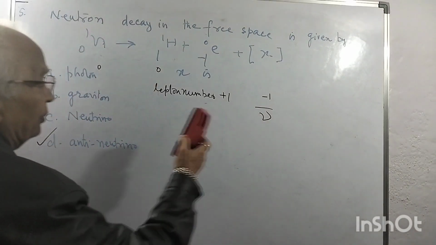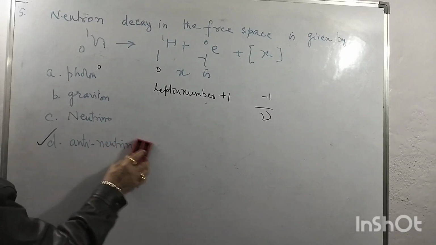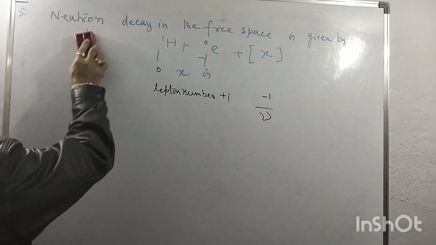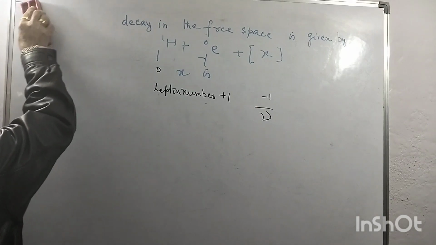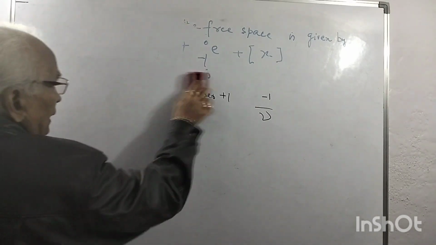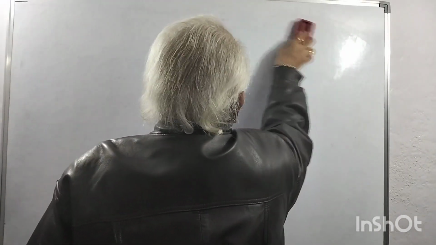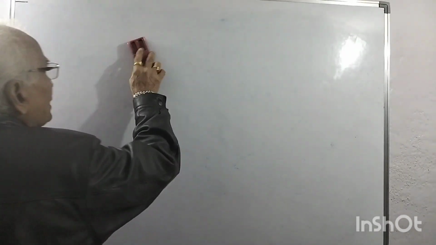Because conservation of lepton number is required for this decay. Lepton number for the nucleon is 0. For the particles, electron and neutrino are +1, antineutrino is -1. Okay?